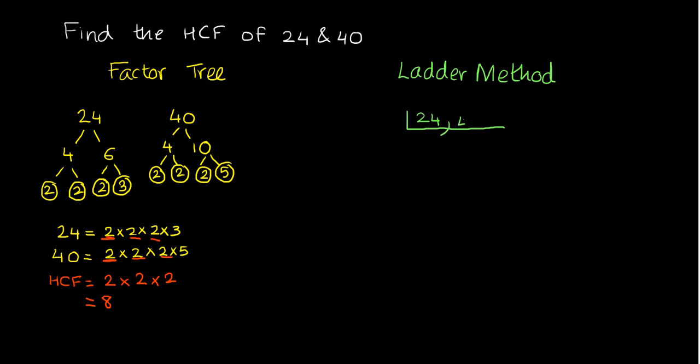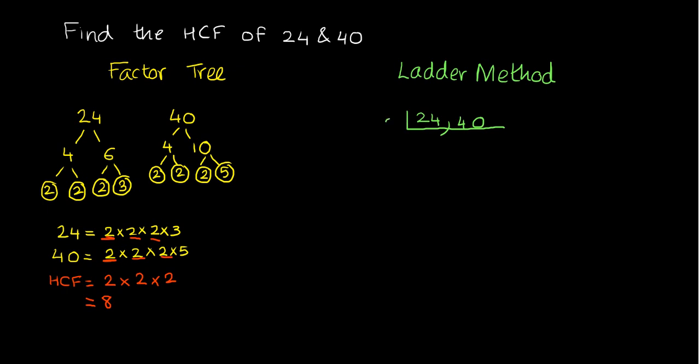Now I have to be a bit careful here because this can go wrong easily if I don't do the following. I will only choose prime numbers that can divide both 24 and 40. You have to be able to divide both of them at the same time, right? So I ask myself this question: what prime number can go into 24 and 40?